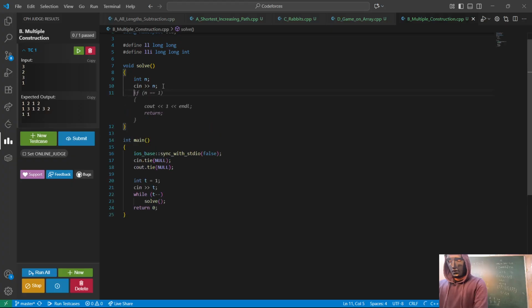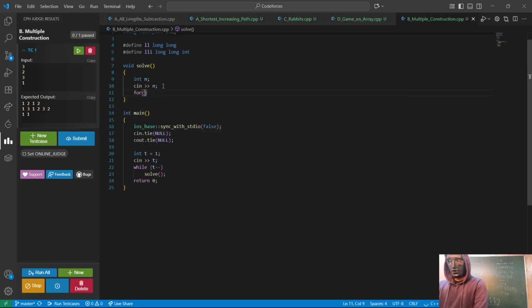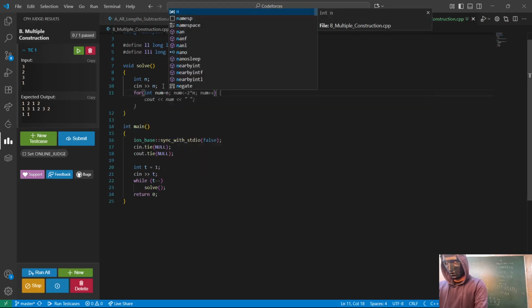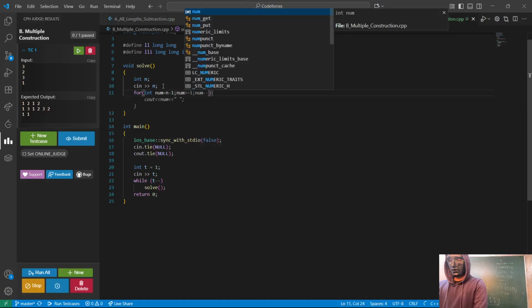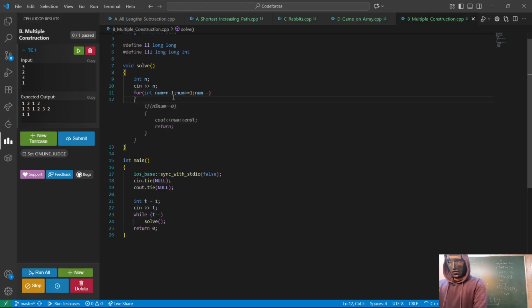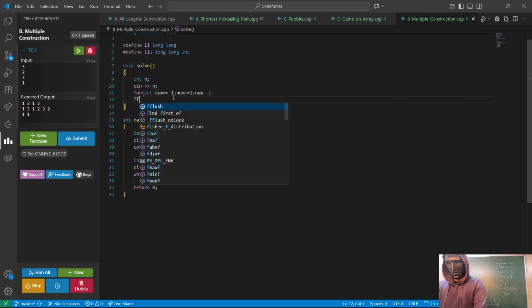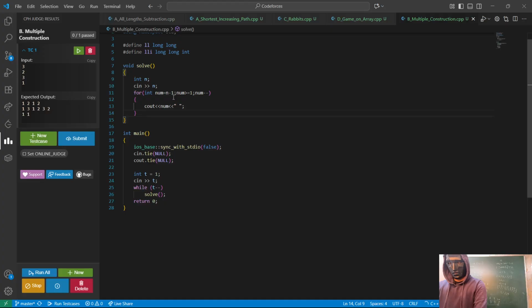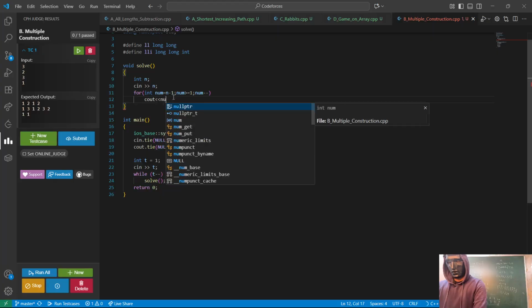So as I said, take a for loop and let a number start from n minus 1, and your number will be greater than or equal to 1, because you are printing in decreasing order. Cout number.